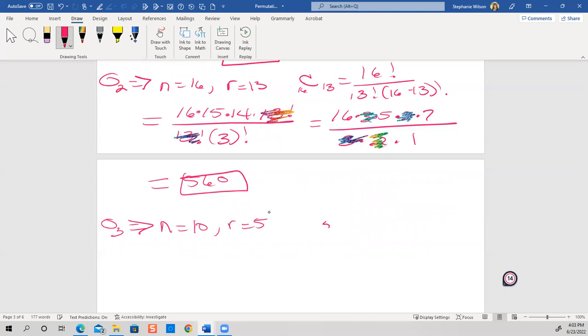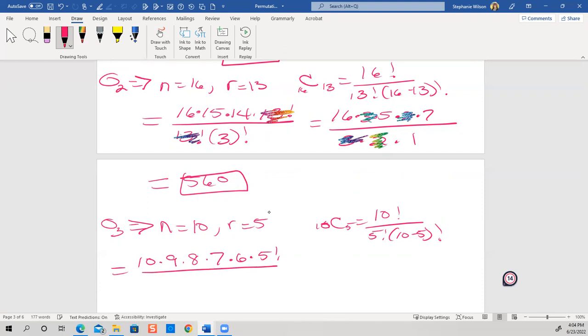Plug it in that formula. So now I have 10 times 9 times 8 times 7 times 6 times 5 factorial, all over 5 factorial times 10 minus 5 is 5 factorial.